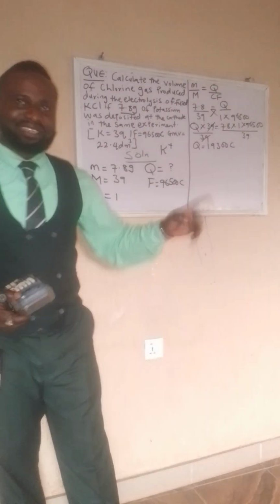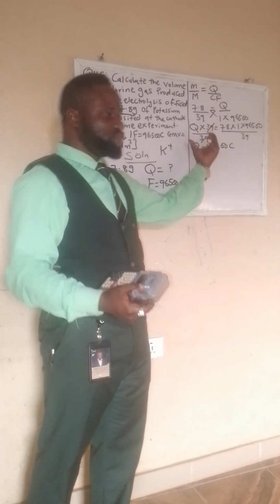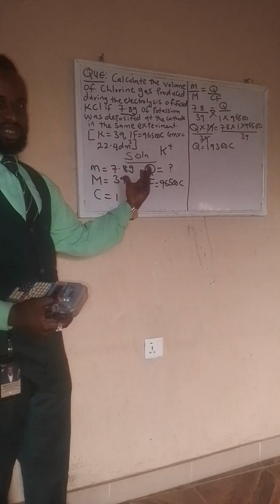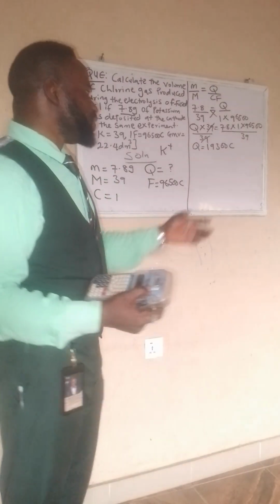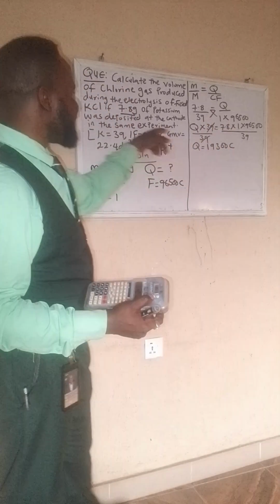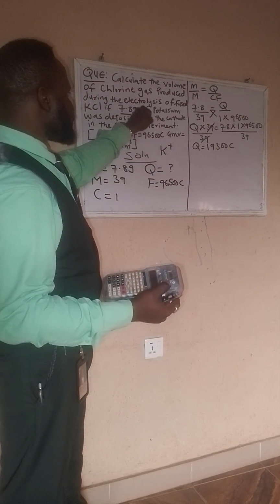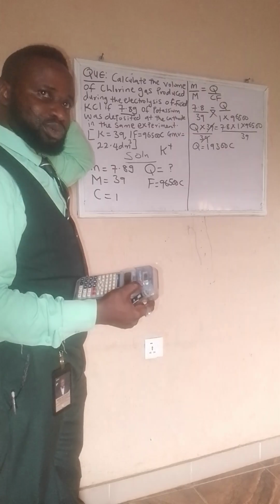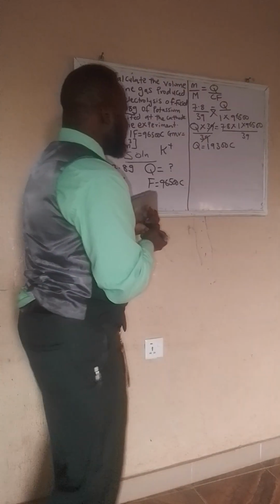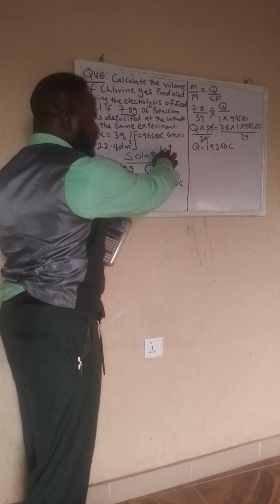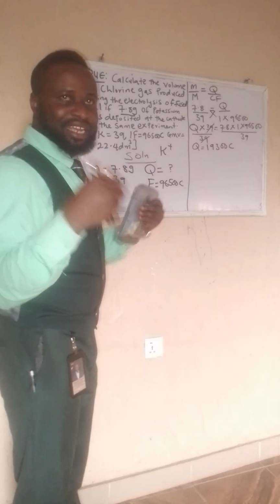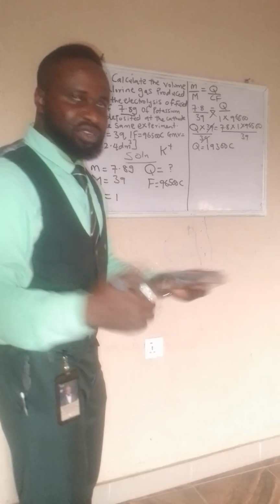In other words, this is the quantity of electricity that was used during this experiment. But that is not what we are told to calculate. However, you need to calculate this before you can get the volume of chlorine that was produced during this experiment. So now, normally in this kind of experiment, since one charge is involved, it means one electron is also being involved in the process.